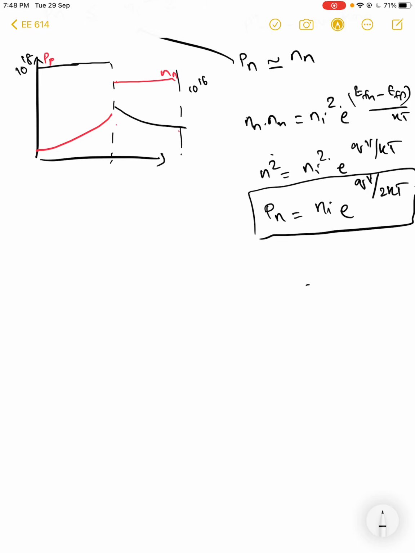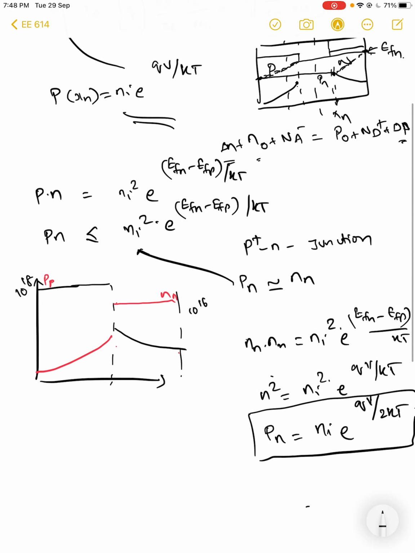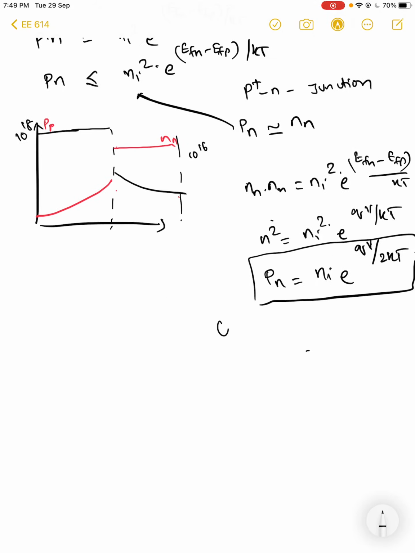This can be contrasted with the original expression where P in the minority side is basically Ni into e power QV by KT, right? So this gives you a feel for why the expression of log I is now proportional to QV by 2 KT, whereas for the ideal diode case it is actually QV by KT, right?